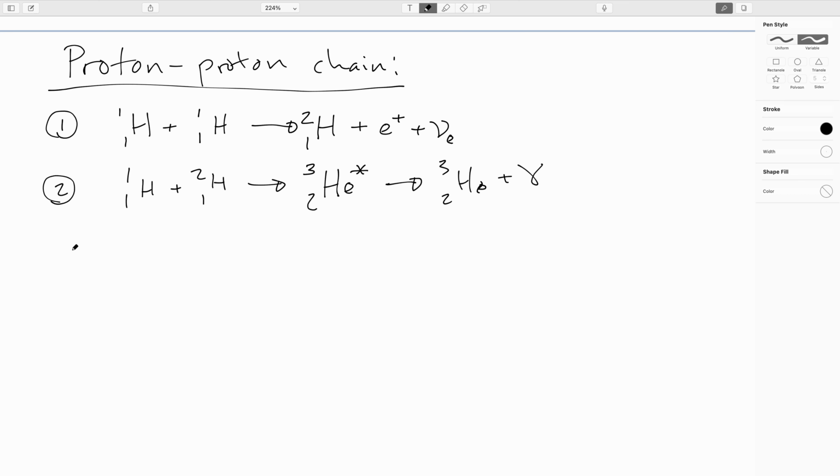Then the last step of the proton-proton chain, and yes, there is an alternate pathway, but I really don't want to get into it. The one that occurs most of the time will be that 2 of these helium-3 nuclei will fuse.